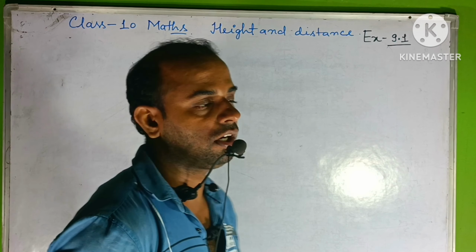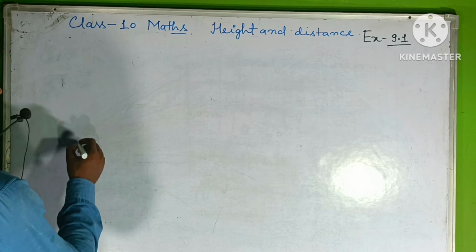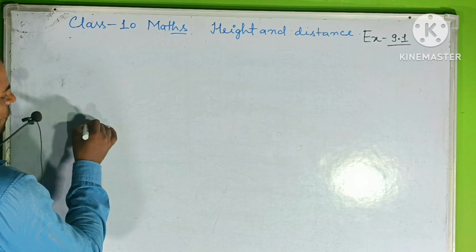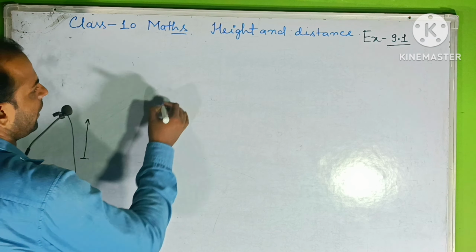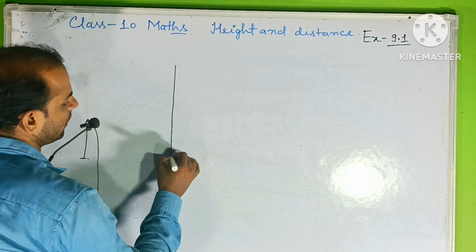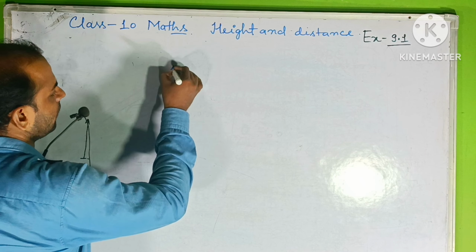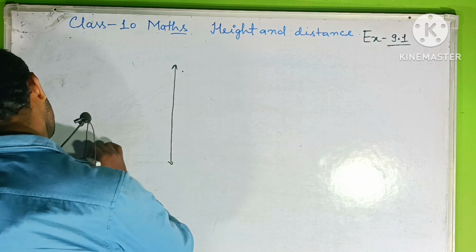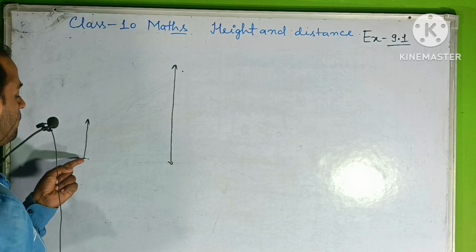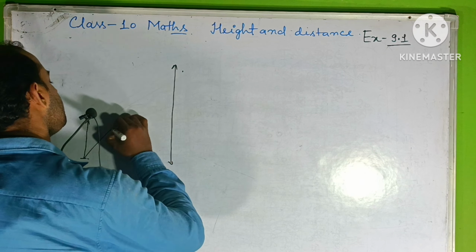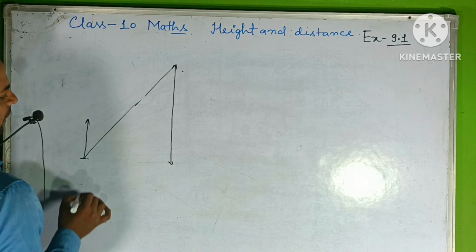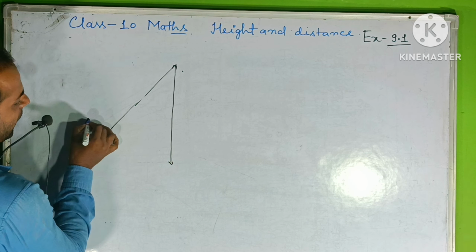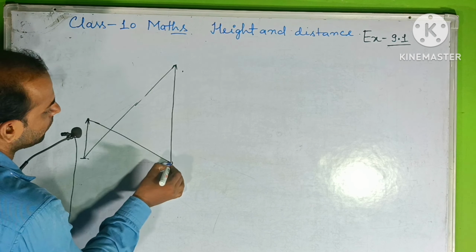Now see how you will do it. There is a building and there is a tower. These two are two different things. Then, from its base, the angle of elevation to the top, and from this height, the angle of elevation to the bottom.